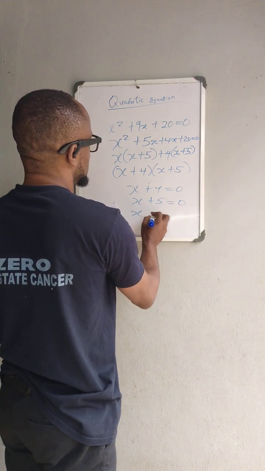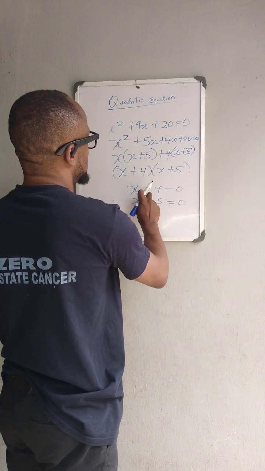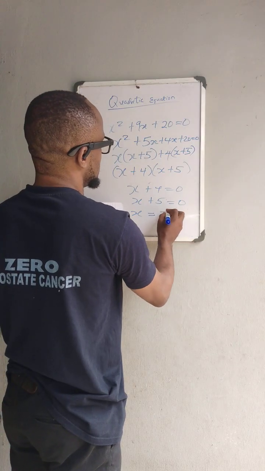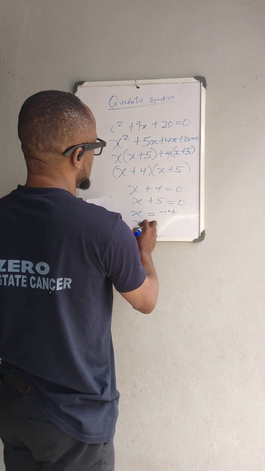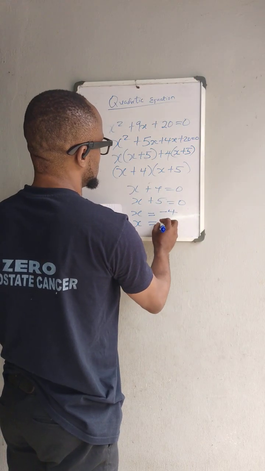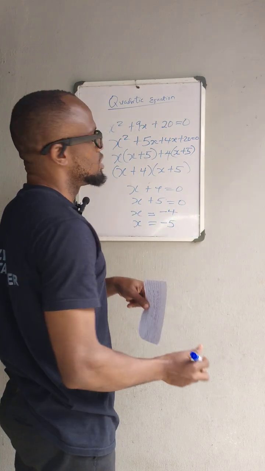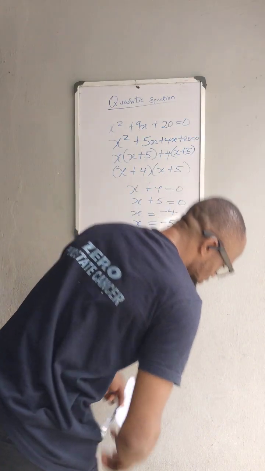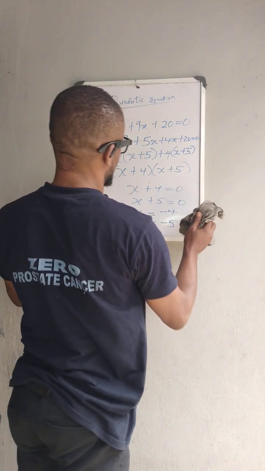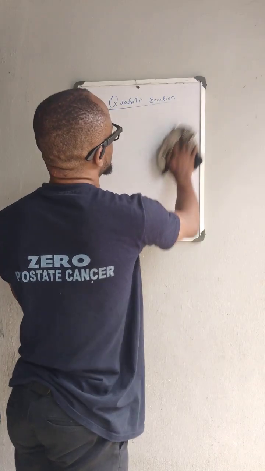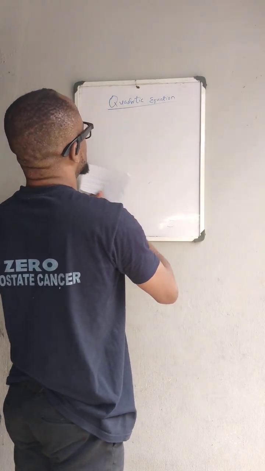Then x equal to, when you move this 4 to the other side, it will become minus 4. Then when you move this 5 to the other side, it becomes minus 5, which is the same thing as what we got initially. Very, very simple.